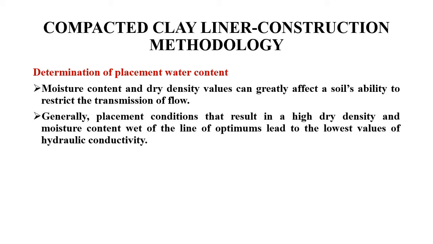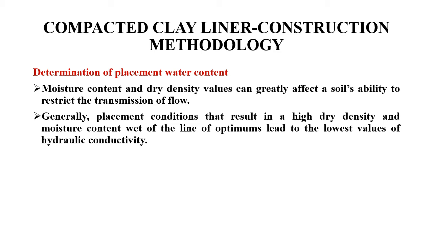One of the major requirements for a clay liner is to permit low hydraulic conductivity through it. So whichever material you use as a barrier layer should have very low permeability, permitting only low hydraulic conductivity.